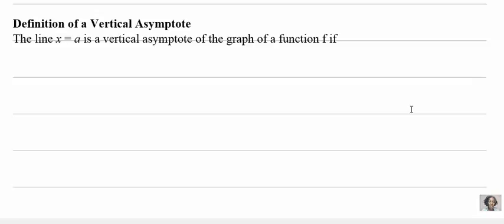That's a vertical line. Remember, vertical lines have equations of the form x equal to some number. Here we're calling that number a.